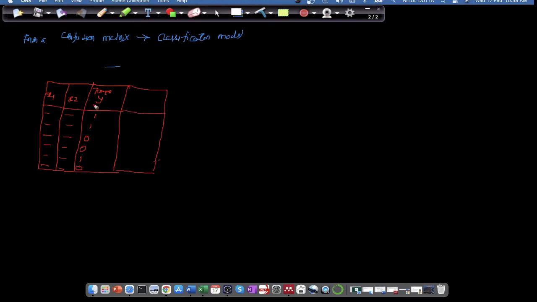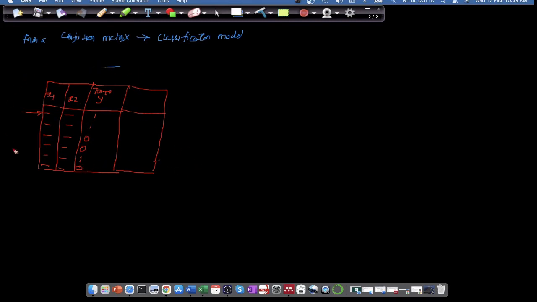What does this mean? In the given data set, this point results in 1, that is, the positive class. This point belongs to the positive class. This point belongs to the negative class. This is also negative, this is positive, and this is negative.